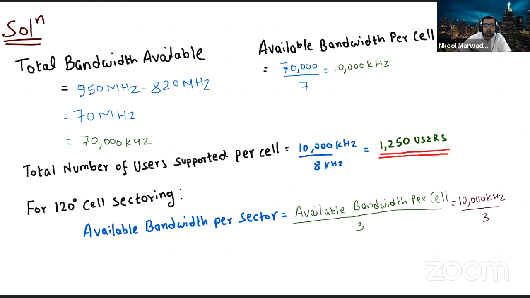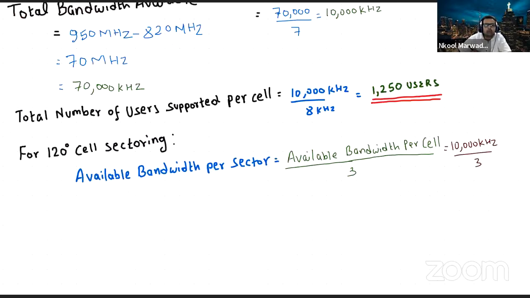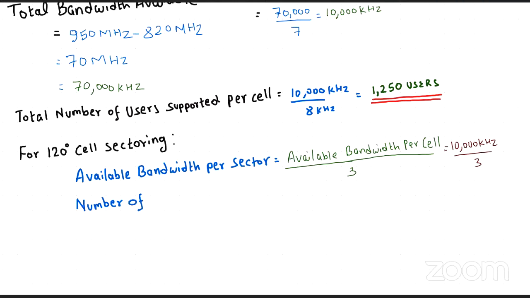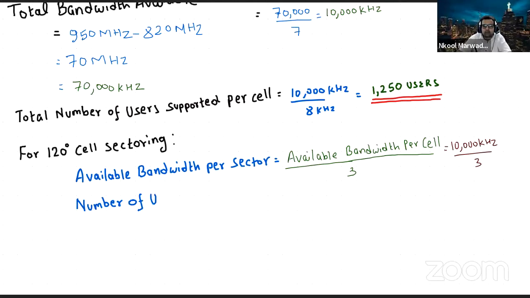Now we can calculate the number of users per sector. It is the available bandwidth per sector divided by 8 kilohertz, because every user will be using 8 kilohertz.